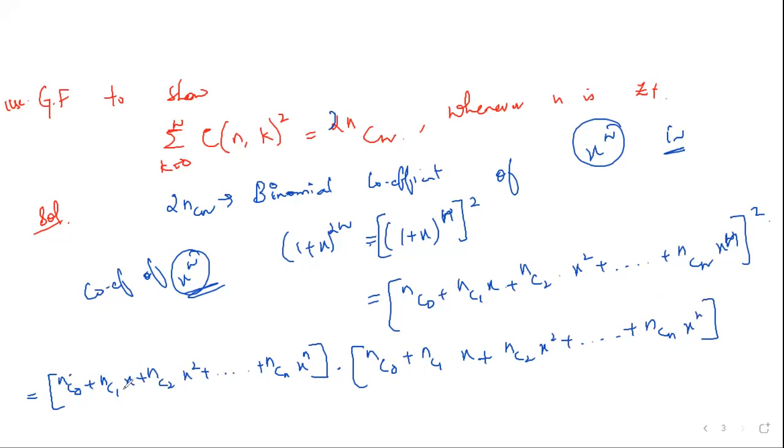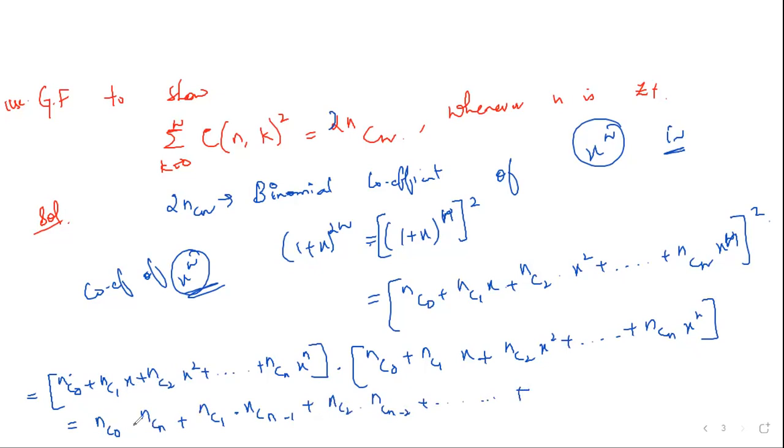Similarly, nC1 if we multiply it with nCn minus 1, it will be x power n minus 1 and here we will have x power 1, so it will again be x power n. So the coefficient of that will be nC0 into nCn plus nC1 into nCn minus 1 plus nC2 into nCn minus 2 plus and so on.